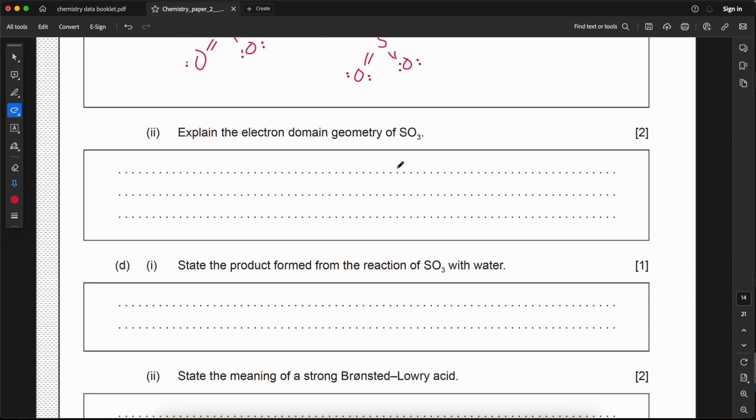Explain the electron domain geometry of SO3. It has 3 electron domains. They repel as far away as possible, causing them to be 120 degrees apart.